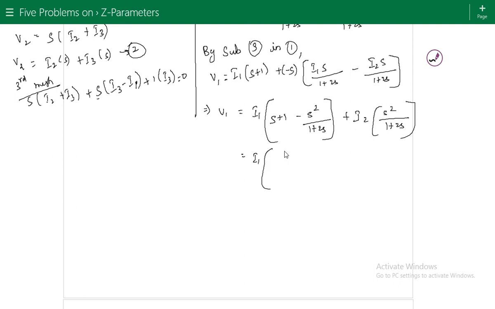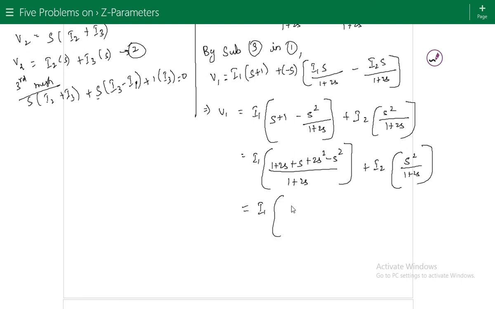I1 into, what I will get, S plus 1 into 1 plus 2S, what I will get, 1 plus 2S, right, plus S plus 2S square minus S square by 1 plus 2S plus I2 into S square by 1 plus 2S. So which is equal to I1 into, what can I write, 1 plus 3S plus S square by 1 plus 2S plus I2 into S square by 1 plus 2S, right.